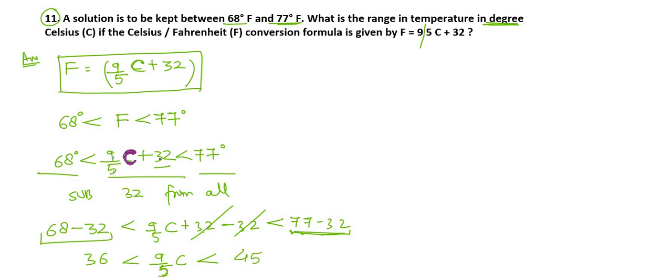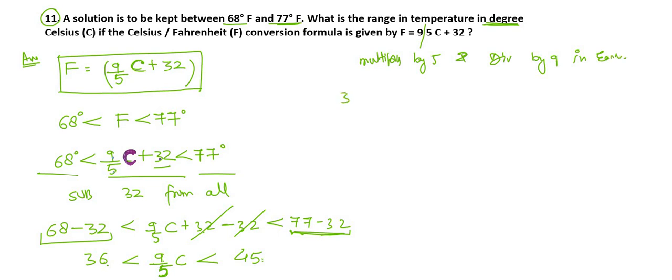Now I don't want this 5. I don't want this 9. How to get rid of 5? Can I multiply by 5 in each term and divide by 9? Correct? So let me do it. Multiply by 5 and divide by 9 in each.